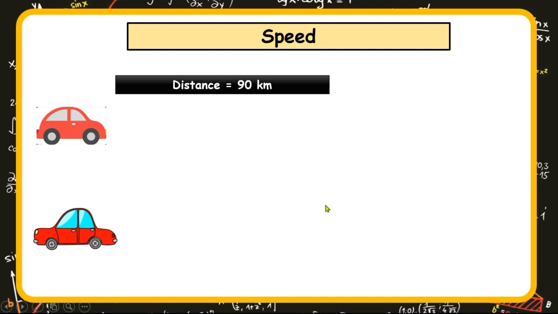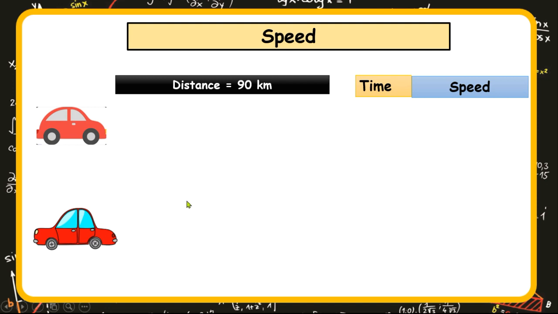They're traveling to the same destination from the same starting point. And so the distance is fixed as 90 kilometers. What this means is 90,000 meters. Now, let's compare the time of arrival and the speed here.